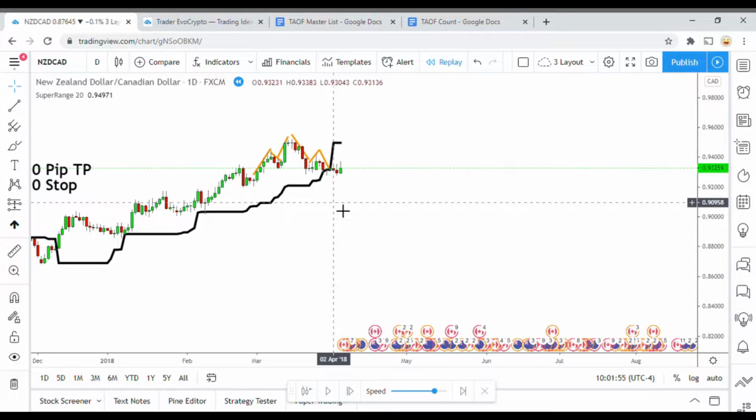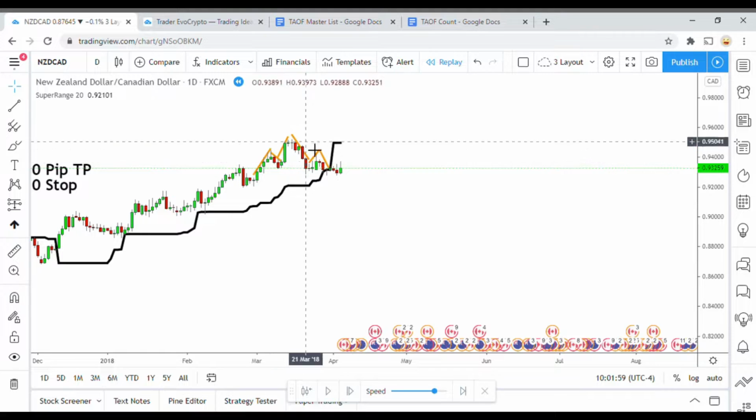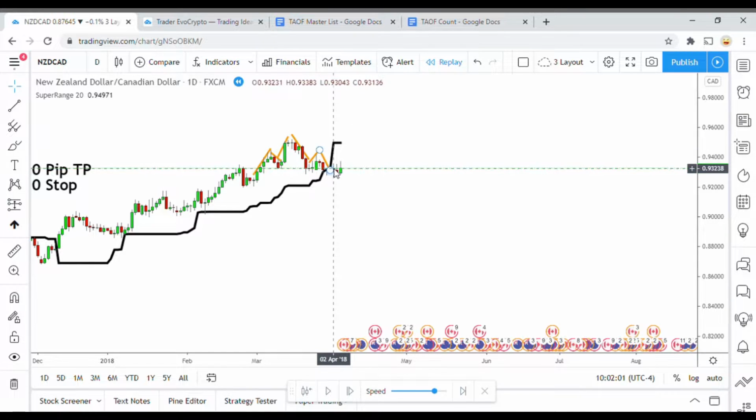And so this would be an example of a good head and shoulders formed here with confirmation from our indicator that we should be going short.